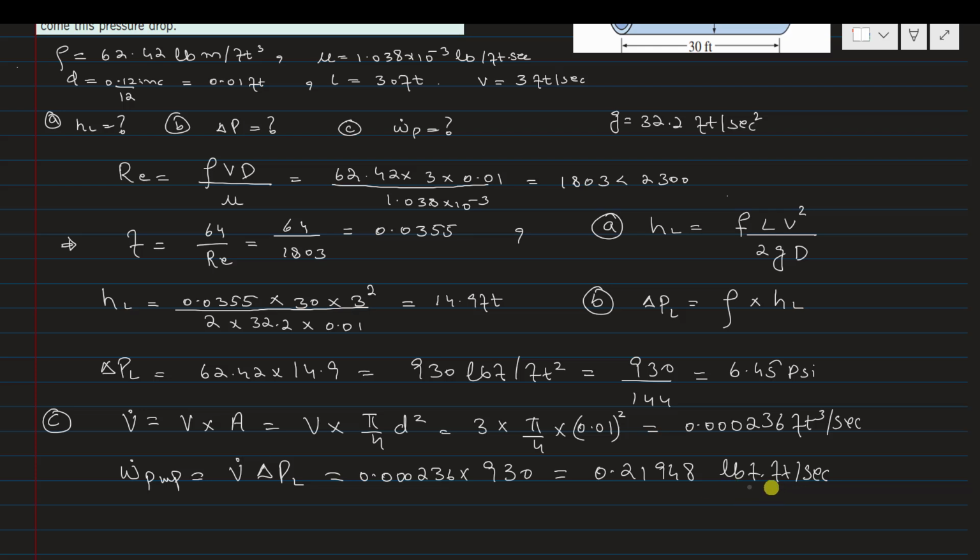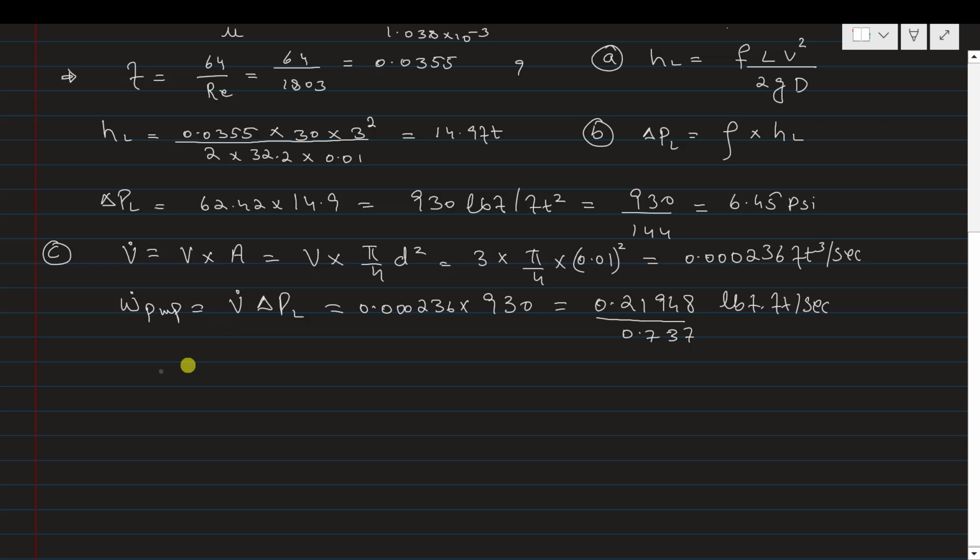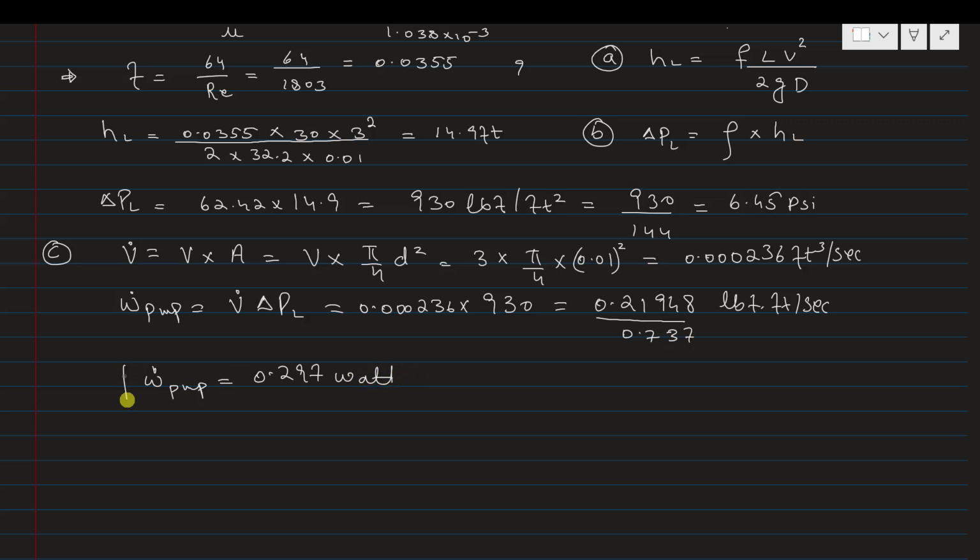To convert that into SI unit, we need to divide this term by 0.737 to convert it into watt. So the work input in order to run the pump is equal to 0.297 watt. And that is our final answer of this example 8.2.